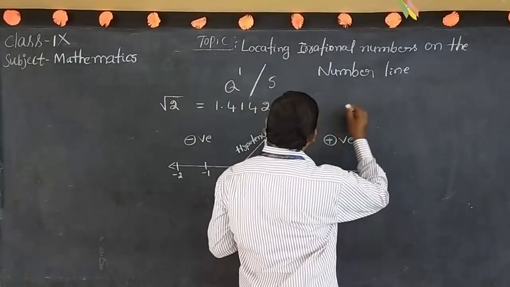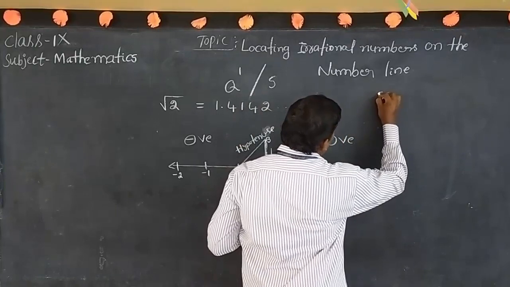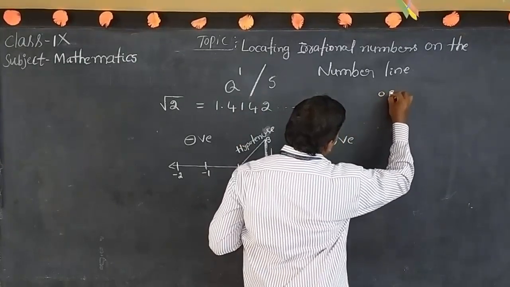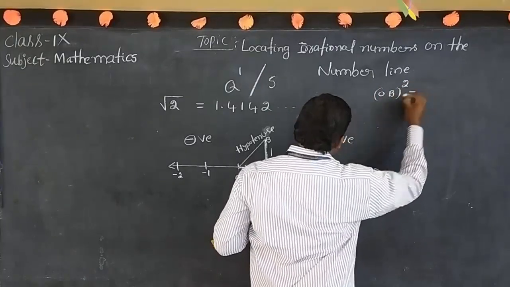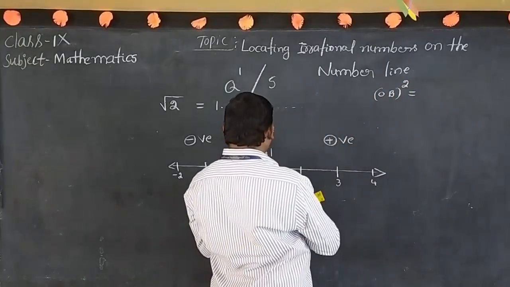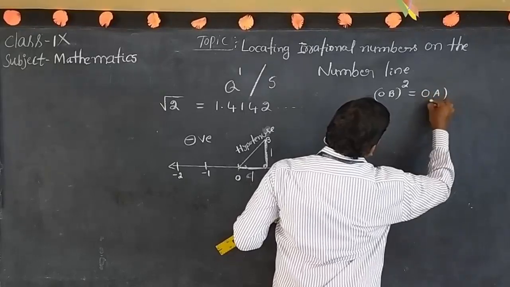OB square is equal to OA square plus AB square.